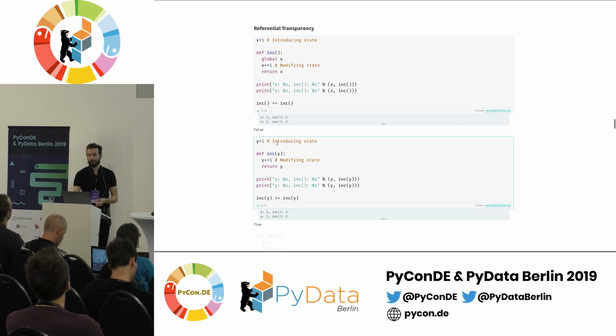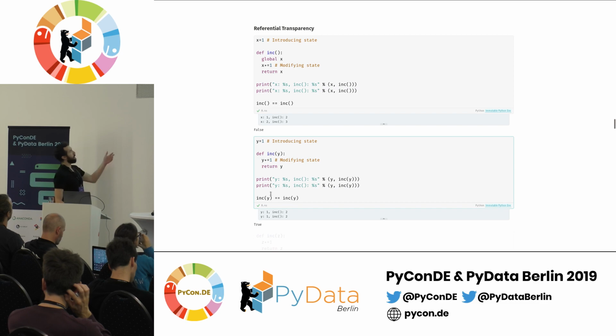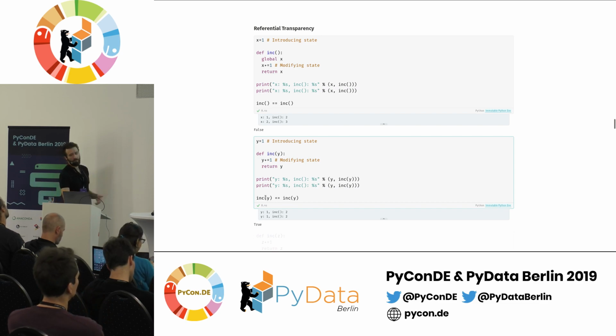If I still introduce the state but pass in the state and keep it local, then the two functions behave differently, where, of course, they behave as we might expect as good programmers, where they are equal to each other. So here I run the function twice, they're not equal to each other. Here I run the function twice, they're equal to each other.